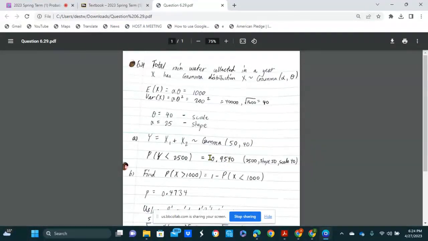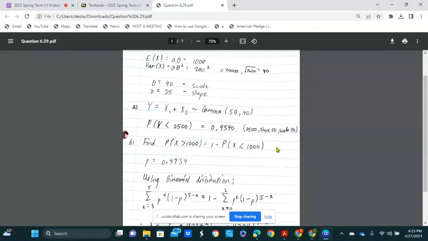In the gamma distribution calculator, I got 0.9540. Just use the calculator. Okay. Seeing that the mean is 1,000 a year, then it's a 95% chance of less than 2,500 for 2 years. Wow, that's high. Yeah.